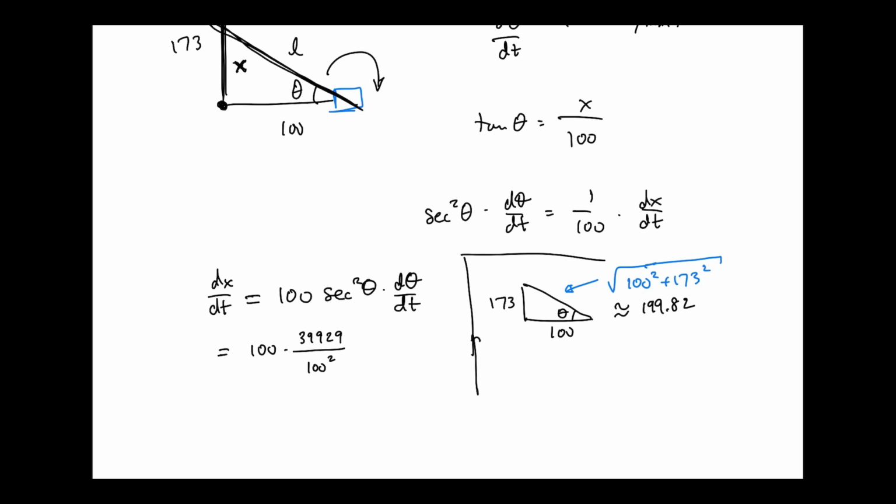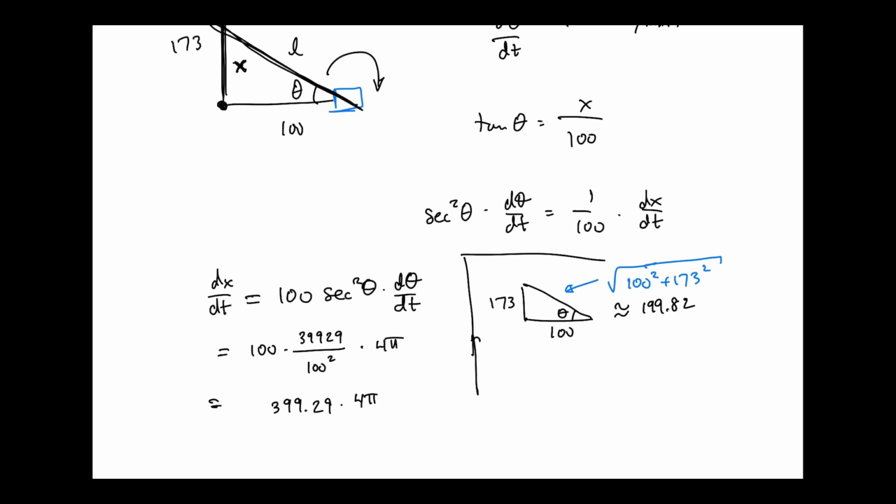And then what was dx/dt? 4 pi. So one of the factors of 100 cancels, and so we have basically 399.29 times 4 pi.